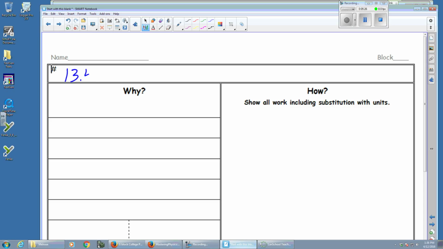I could show that I understand the relationship between frequency and wavelength and speed, but I think drawing a diagram here will help me because it tells me the wave is moving this way at some speed, and that from here to here is 2 meters in my case, right?